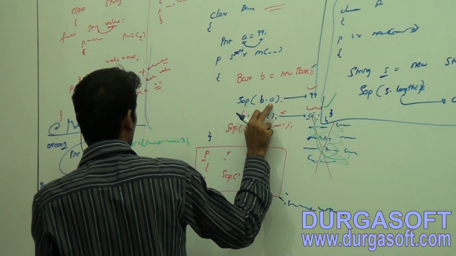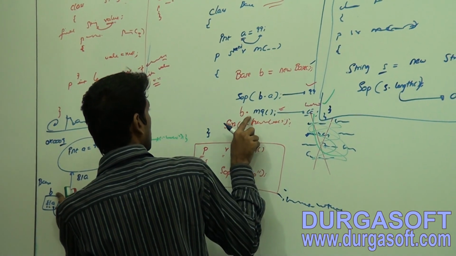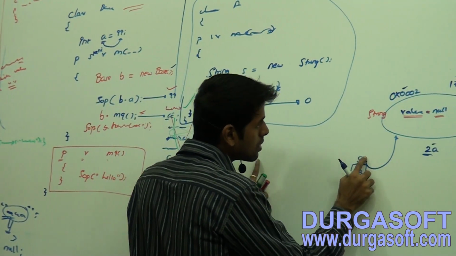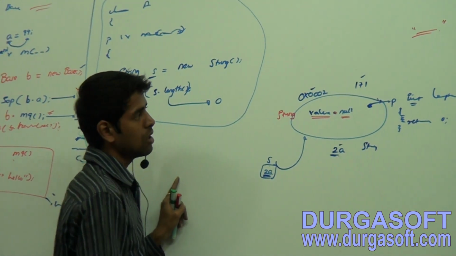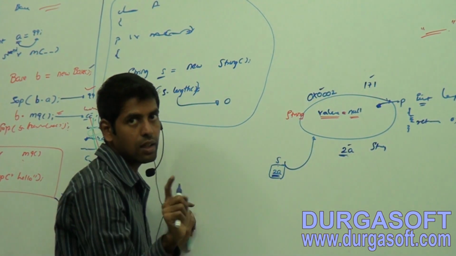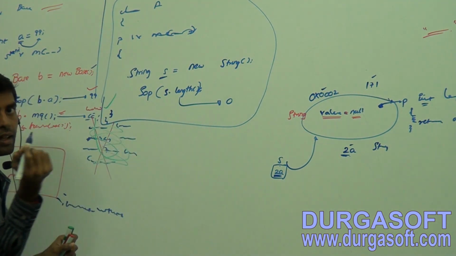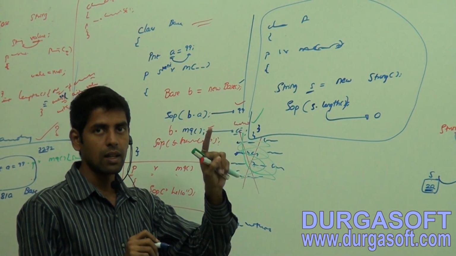b dot a, b dot m9, right? Now is s dot length valid or not? Yes, it is valid, which returns an int value. So let me put that one directly as an argument to the println statement.